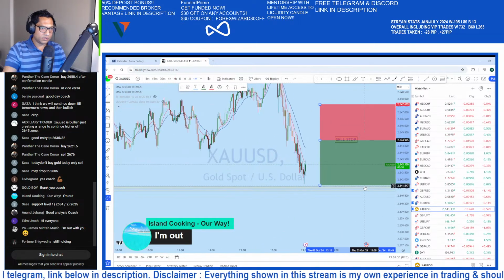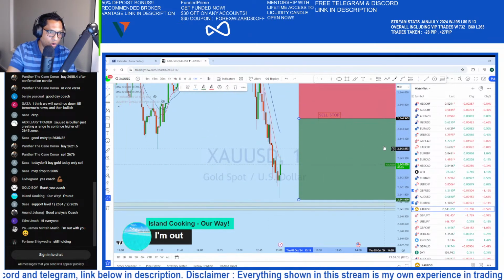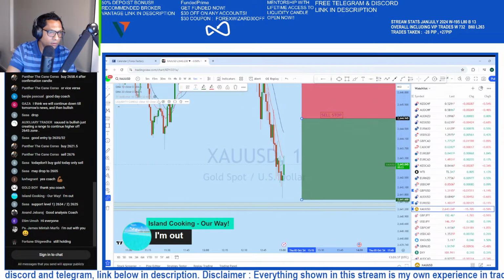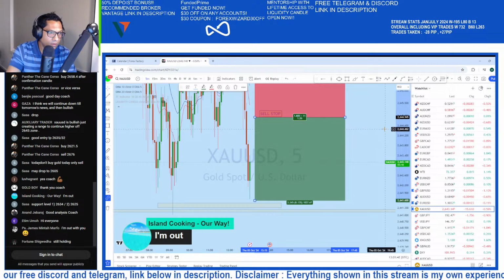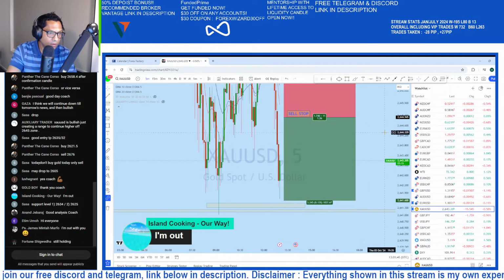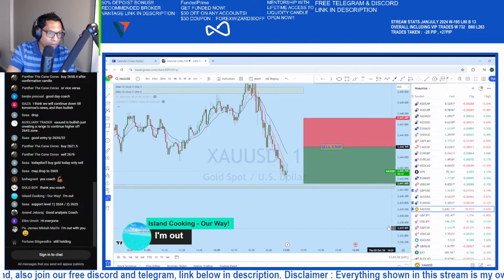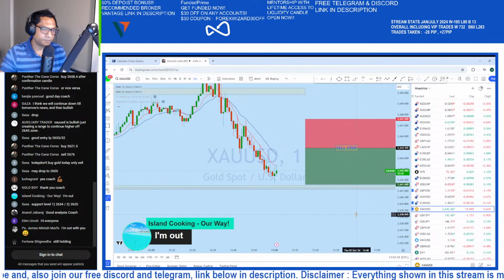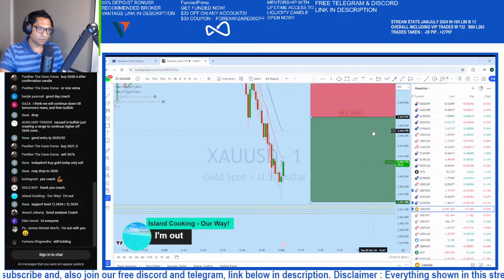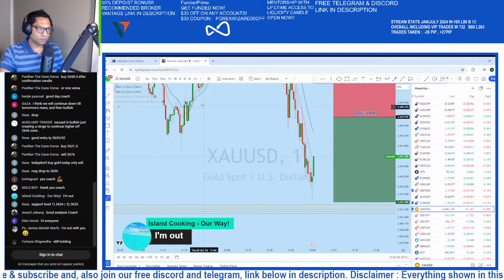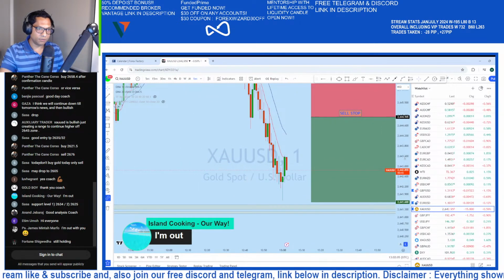We may see an initial pullback and then it may continue to drop again. Okay, 1 minute candlestick pattern.